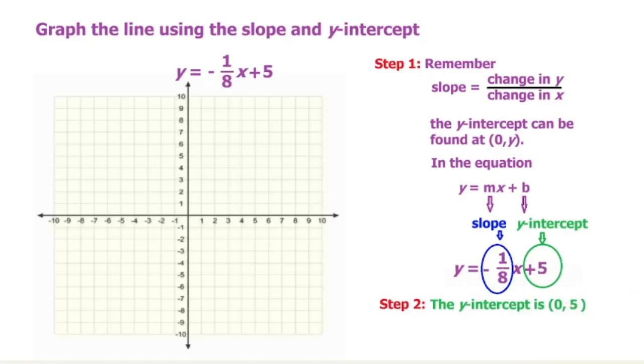So we can plot that first. Okay, so let's plot that first. 0, comma 5 sits right here, the green dot there. From here, you can either go up 1 and left 8. Okay, so this negative, you can apply the negative to either the numerator or the denominator.